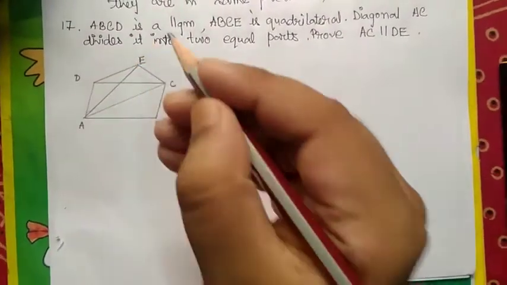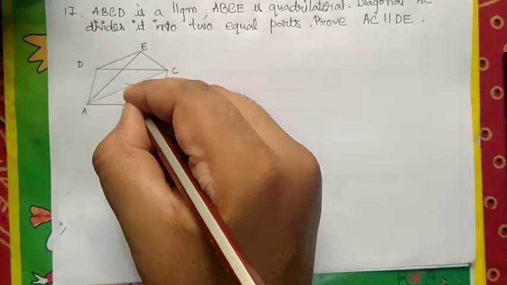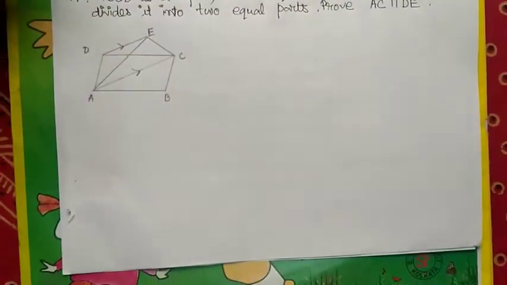We have to join DE and we have to prove that AC parallel to DE.